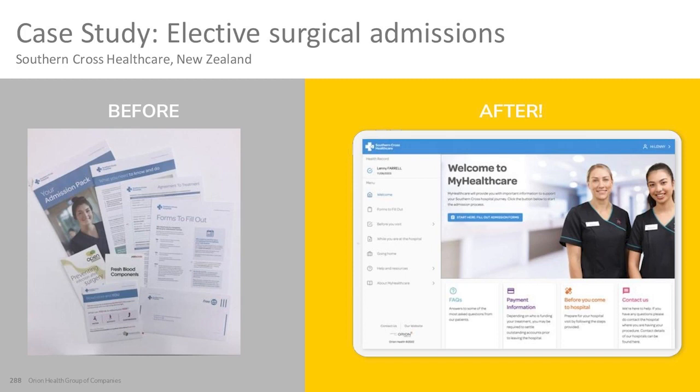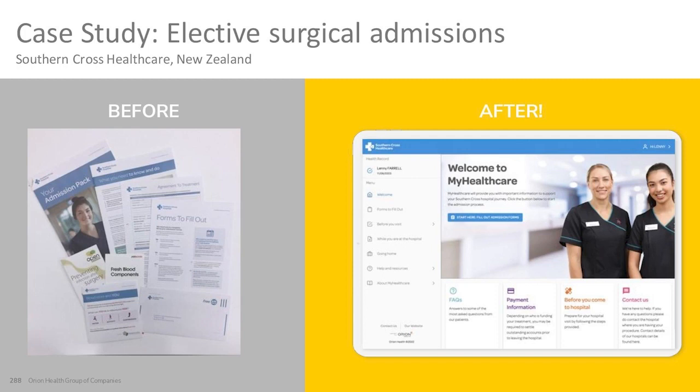And so what patients would actually do is they'd either have to fax the forms back, take a photo of it on their phone and email it, or some people would drive it to the hospital because if they knew they were being operated on tomorrow, they wanted to make sure it got there, or they would post it. And we replaced all of those different channels with a single digital platform.